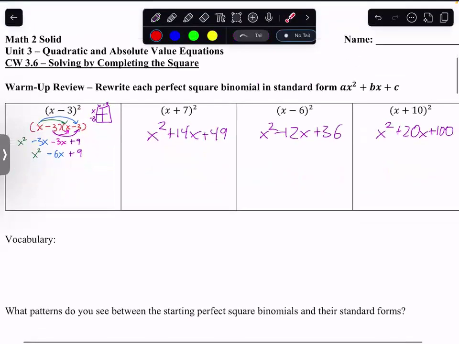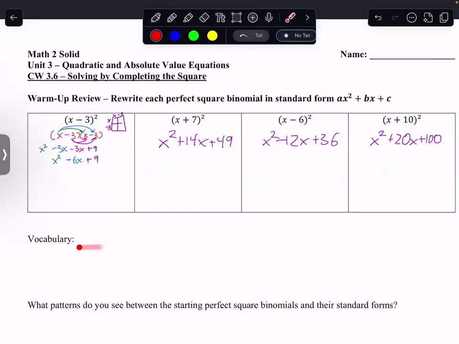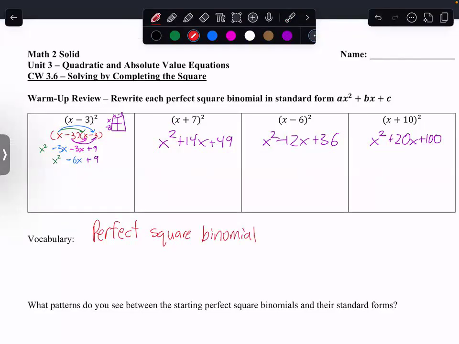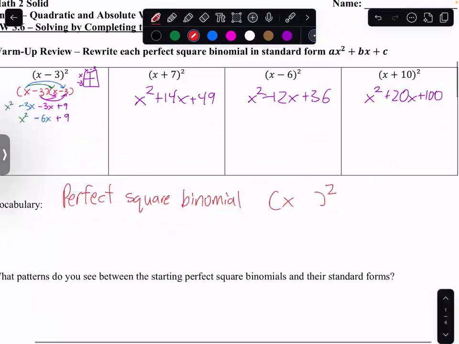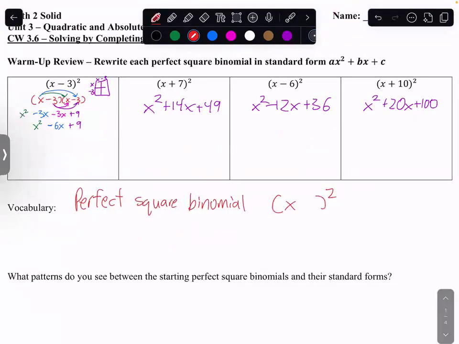Okay. So a little bit of vocabulary since we'll be using these terms. So a perfect square binomial, that will look something like parentheses x something squared. Okay, so it could be like x plus 2 squared, x minus 5 squared.